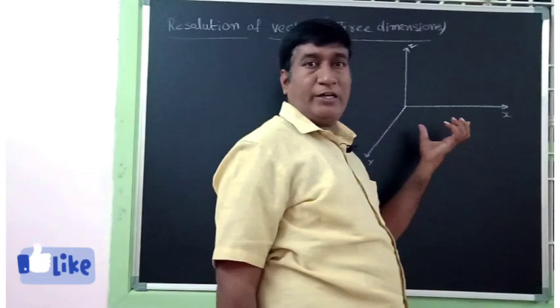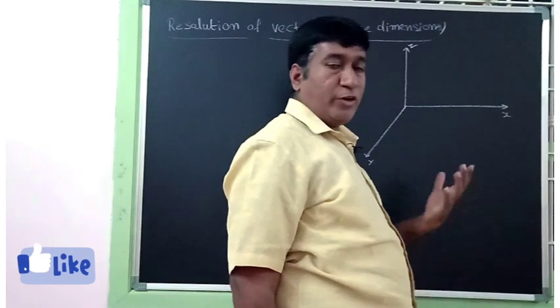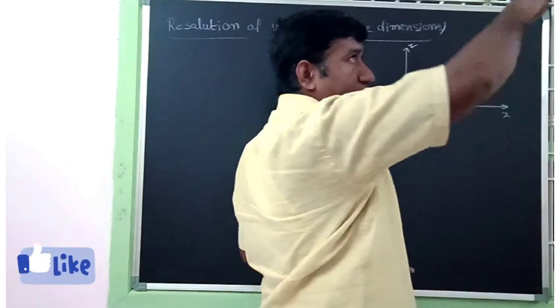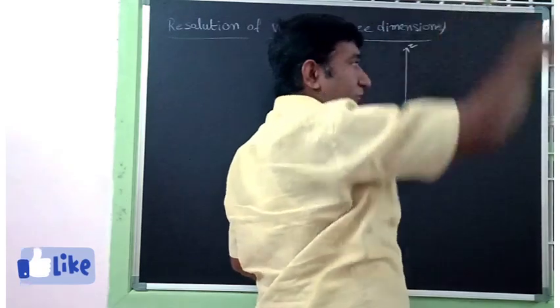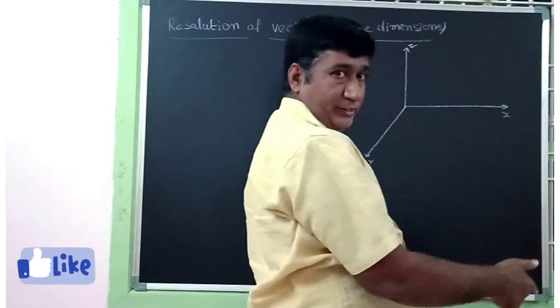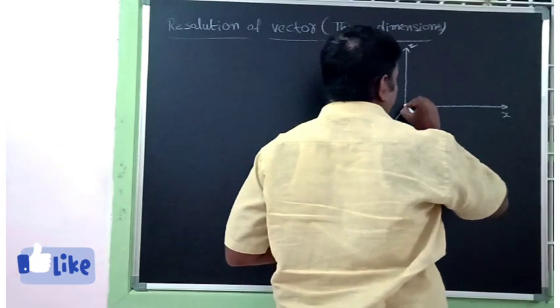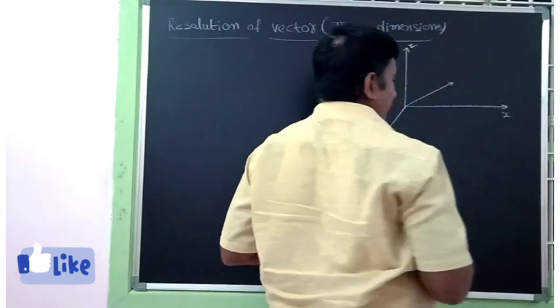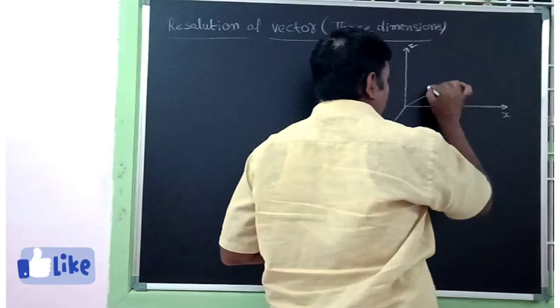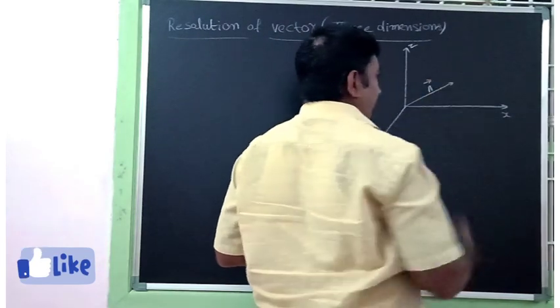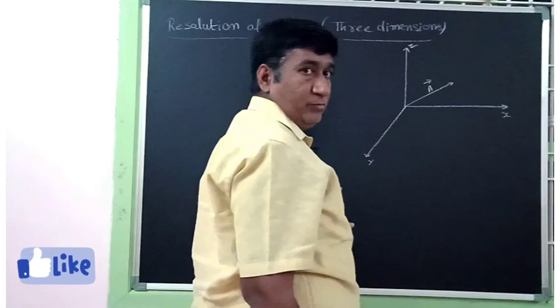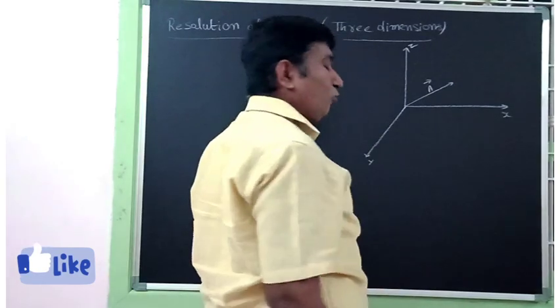We can take it as our room. If you look at one corner, we can see the x-axis, y-axis and z-axis. In that room we are considering one vector. That one vector I can take like this. This is a vector A, which is in the form of a cube shape.